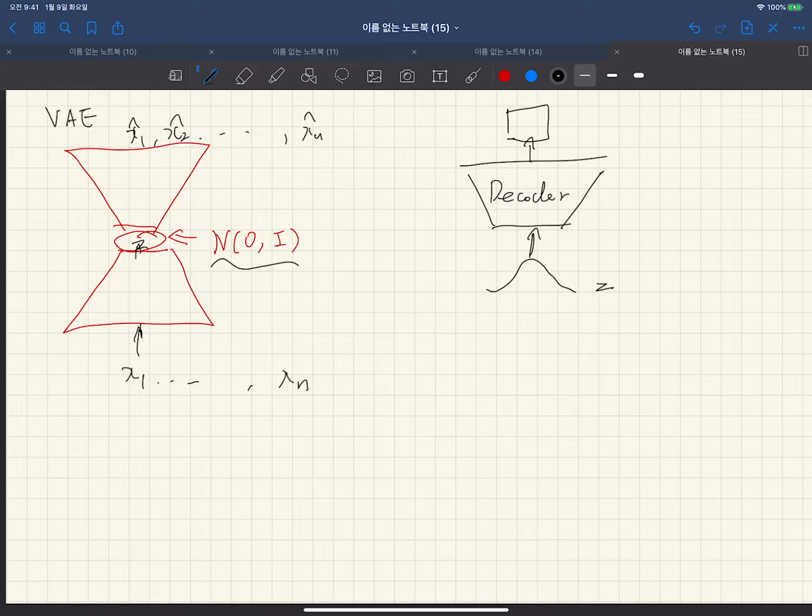When the latent vector satisfies the constraint, the corresponding output of the decoder is more likely to look like a real image. Okay, so this is the target of variational autoencoder.